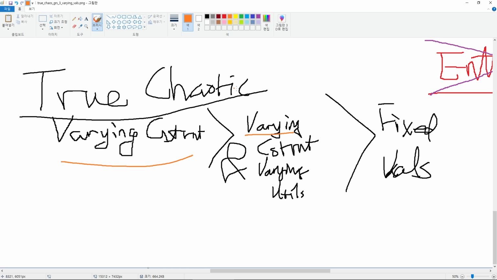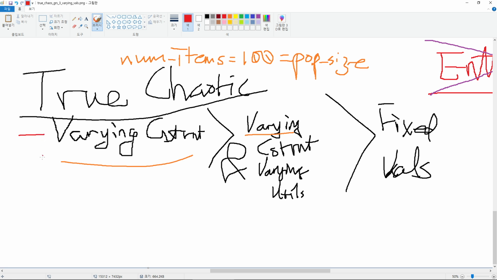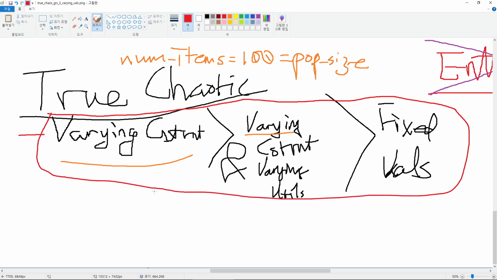When doing true chaotic genetic algorithm with the number of items fixed, when the number of items is fixed and therefore the population size is also fixed, this holds. This whole thing is likely to be true.